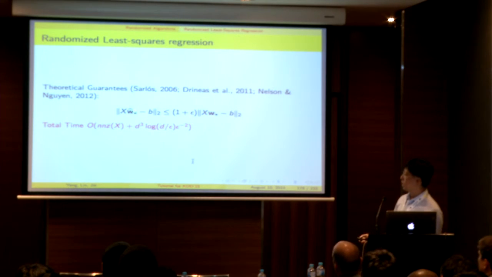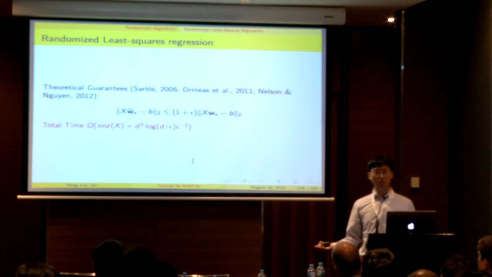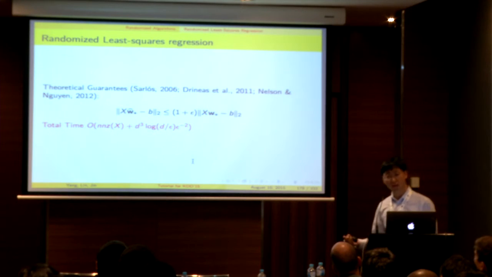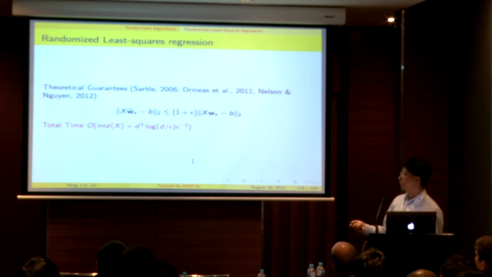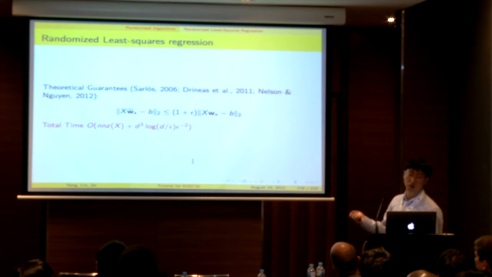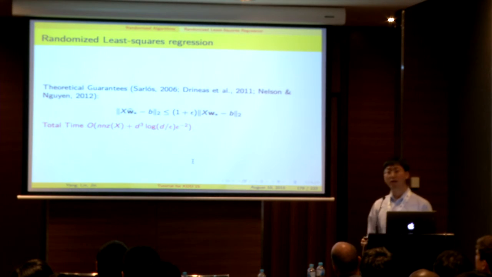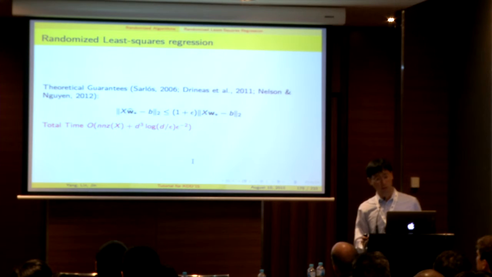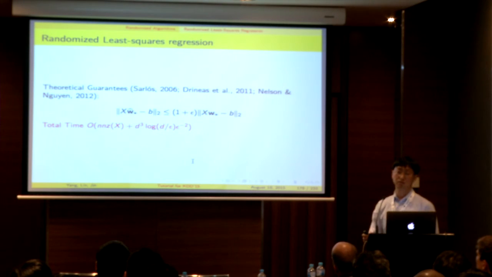We can use the JL transform, subspace embedding, sparse subspace embedding, or leverage score sampling to guarantee that the obtained model has a residual within an epsilon factor of the optimal residual, using a total time that is linear in the number of non-zero entries in the data matrix X times d to the power of 3. So if d is very small and the number of non-zeros in X is very small, this training time is much smaller than the original n times d squared.